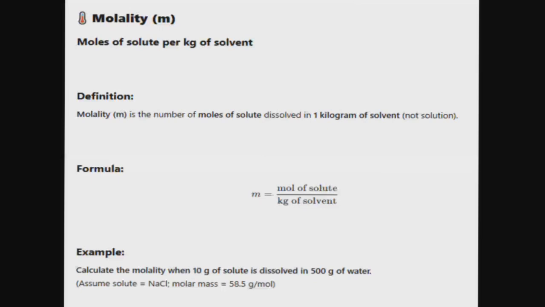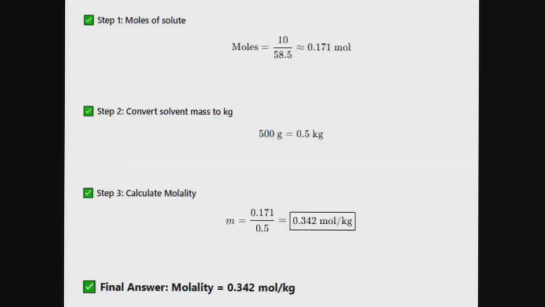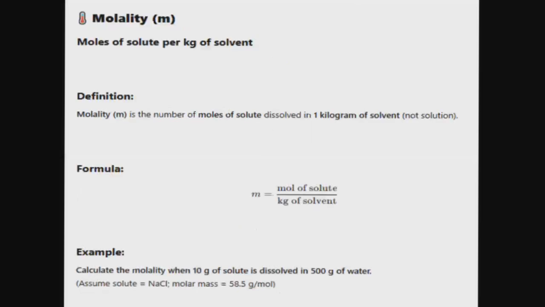Now, this is our question. We are asked to calculate the molality when they dissolve 10 grams of solute, and they ask us to assume that the solute is sodium chloride, in 500 grams of water.